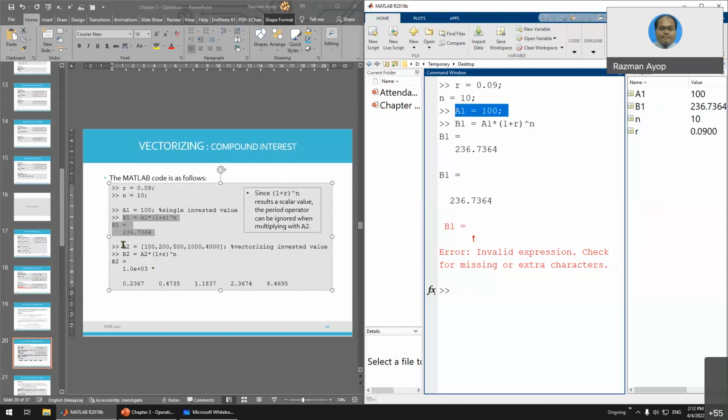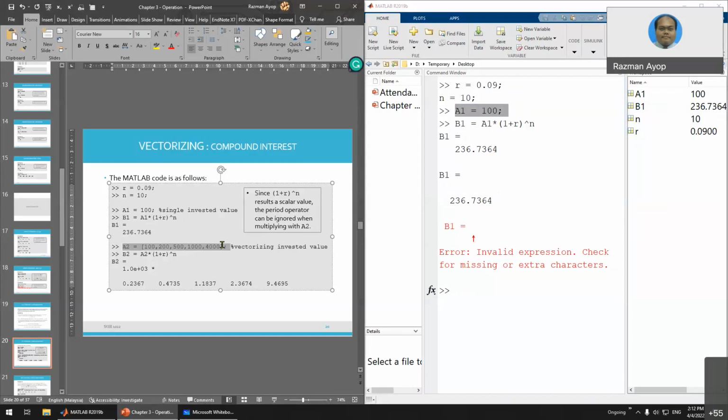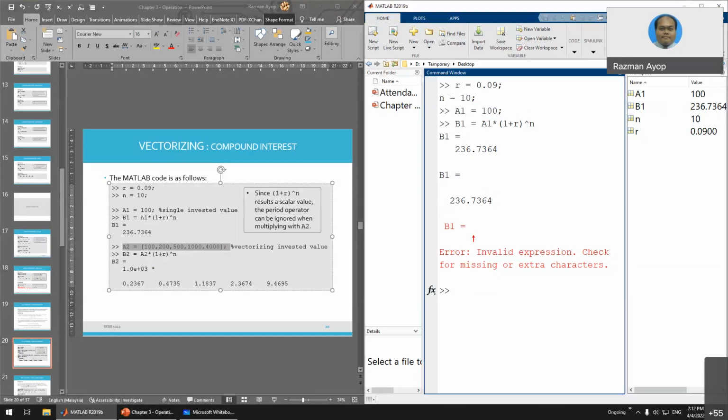But if you have multiple A values, okay, you can either write A2 is equal to, for example, 200. Okay, and then you have to write again. So B2 is equal to, okay, something like this. And then you get the second one and third one and so on. So it's quite difficult to do this manually.